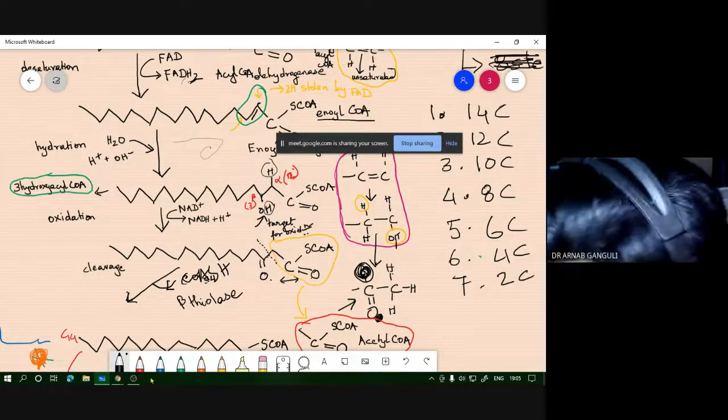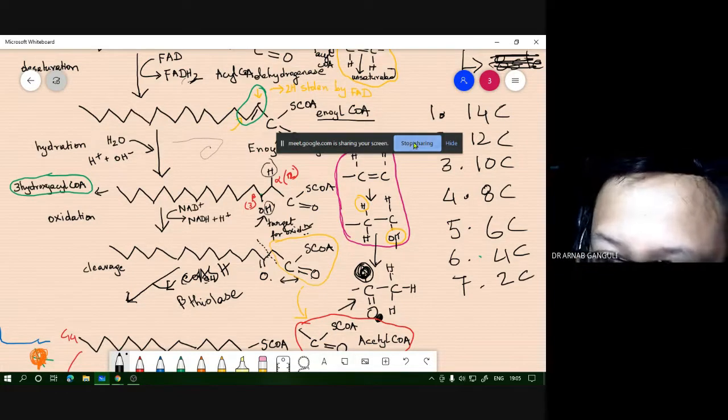I forgot to mention about this enzyme. So enzymes are activated and inactivated by phosphorylation. So phosphorylation activates it. That was the question.